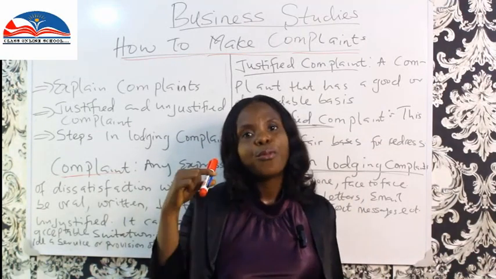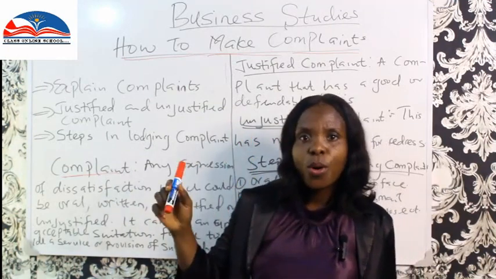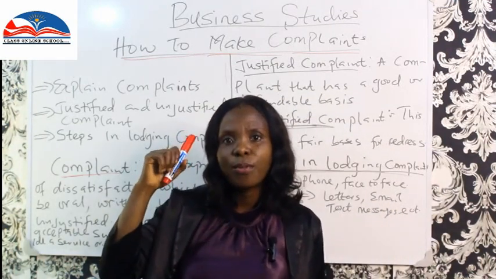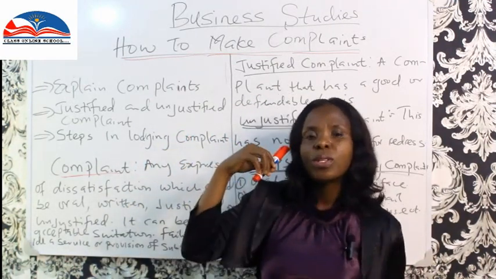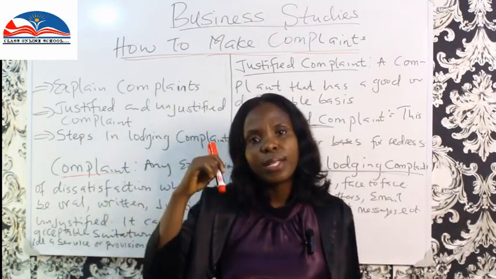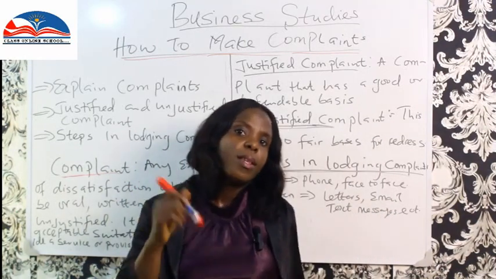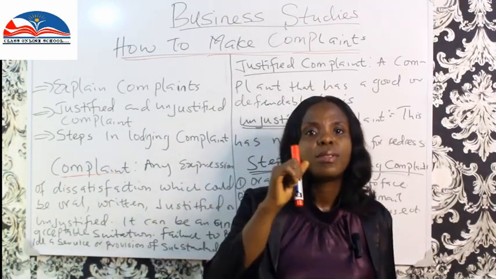You can pick up your phone, call your service provider, call your manufacturers who have given you a product. Most times their hotline is in the product, and you call them up and tell them that this is the defect I found in your product, or this is the defect I found in your services.